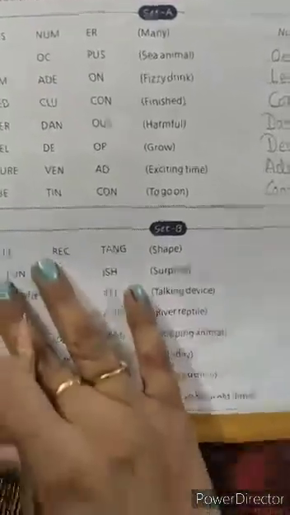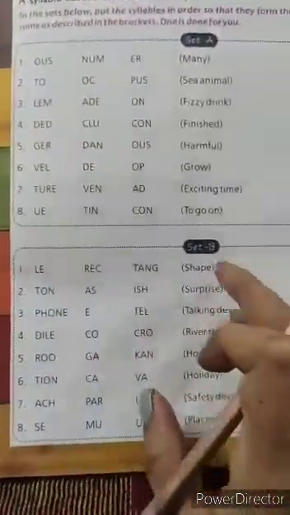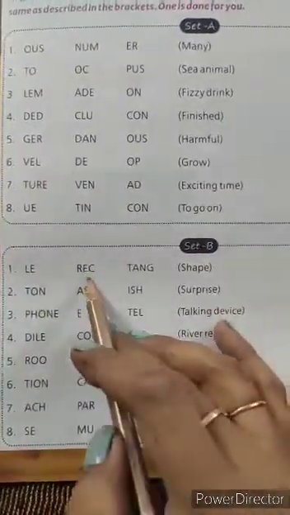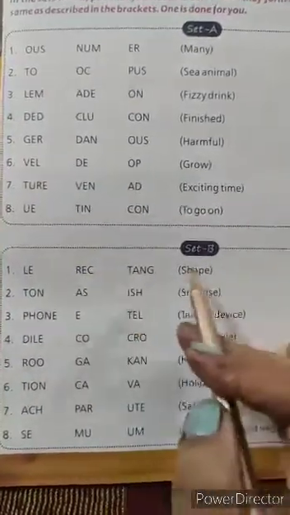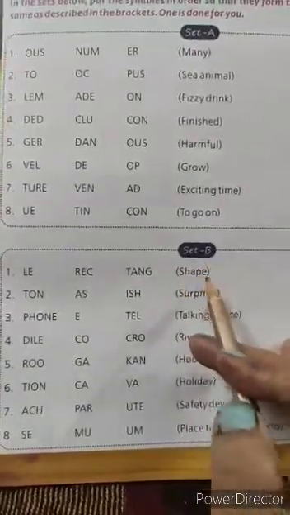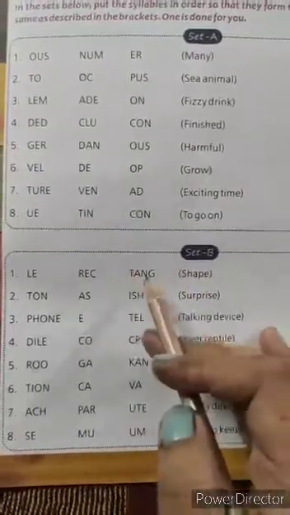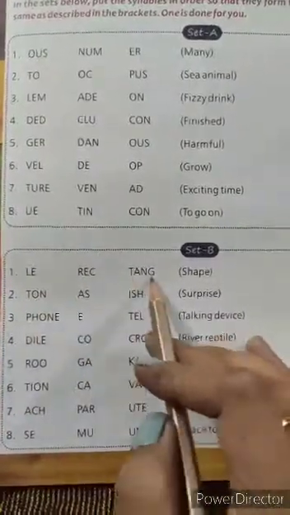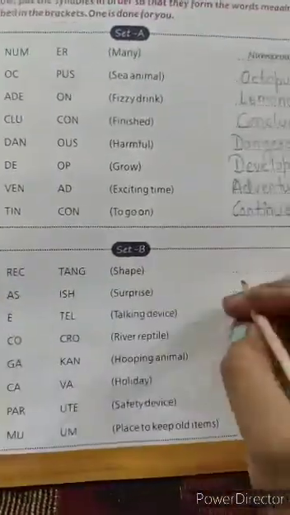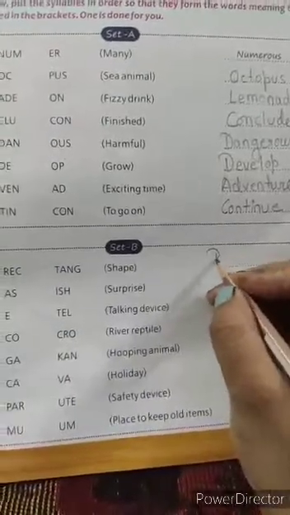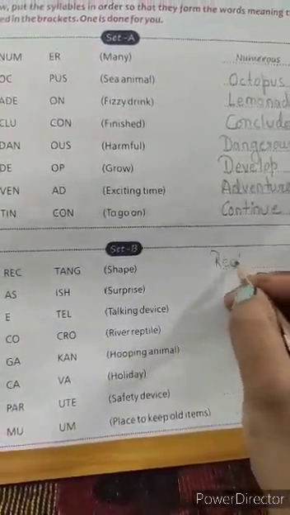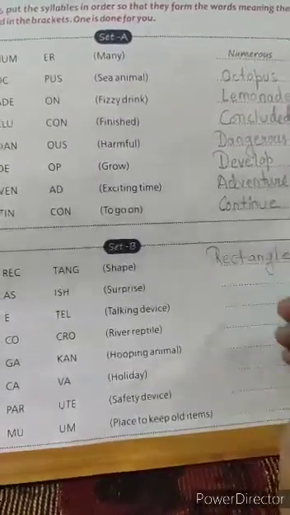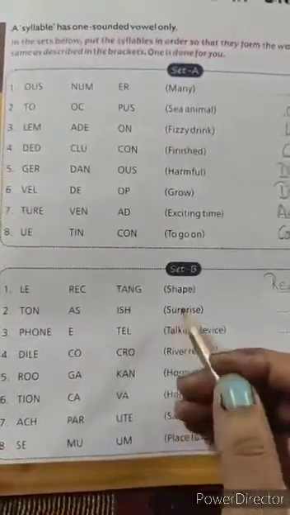Okay. Now, come to the second one, that is set B. Rectangle. And it denotes the shape. So, it is a shape of a rectangle. So, we will write over here rectangle. Now, surprise.